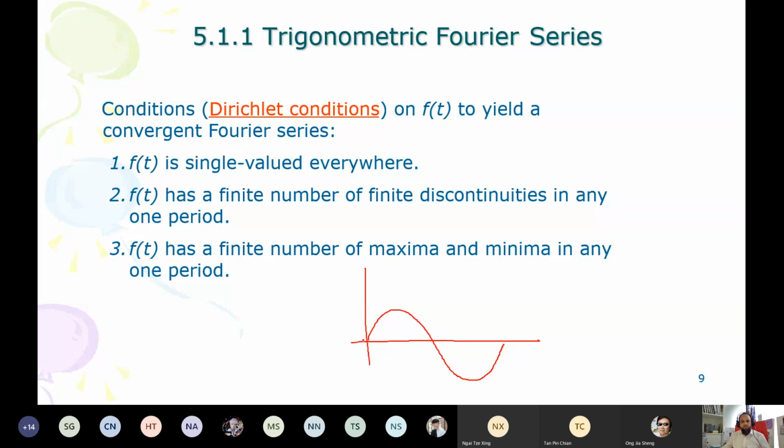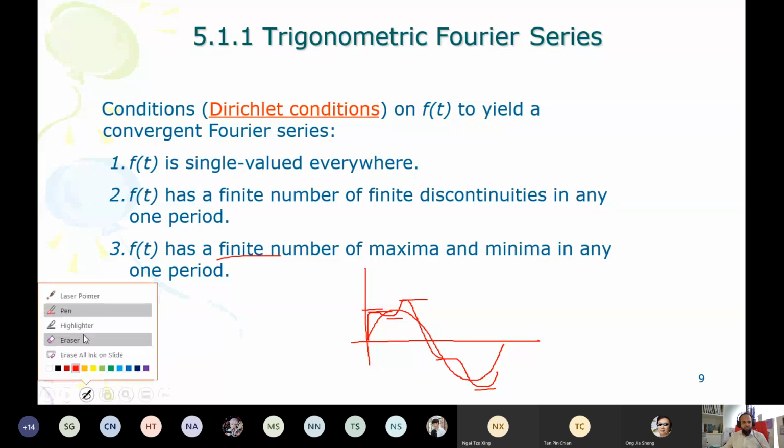But maybe if we draw it like this, it has one maxima here, one maxima here, one minima here, one minima here, another minima here. Every time it changes slope from positive to negative, or negative to positive, there is a minima or maxima there. It may have a finite number of those, but not infinite, right?